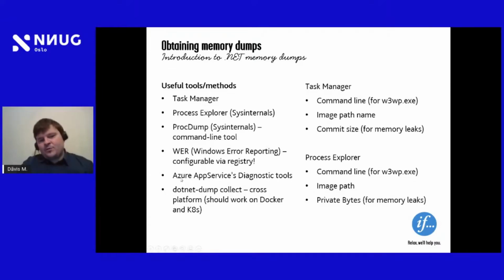And for Azure App Services, there's a diagnostic tools section in, I think it was, Diagnose and solve problems. And there you can take a memory dump. You will need to specify an Azure storage account where to put that memory dump.